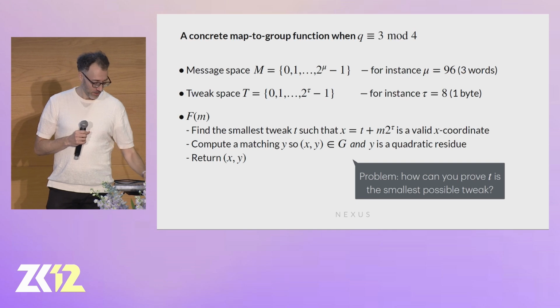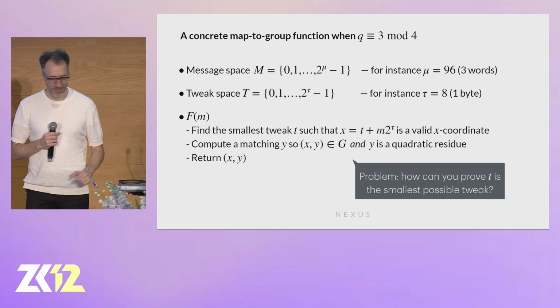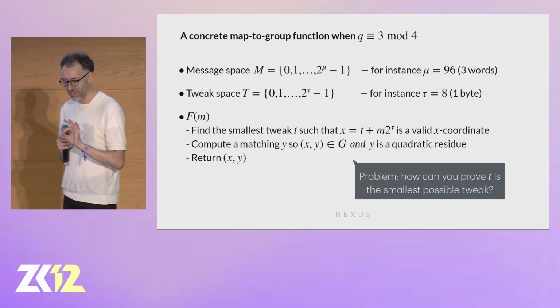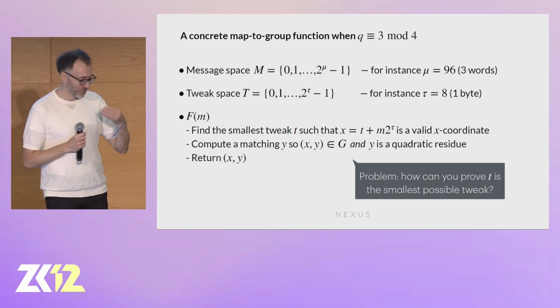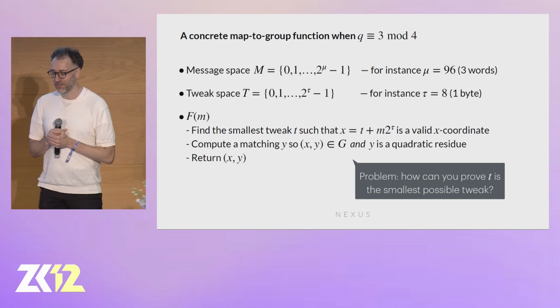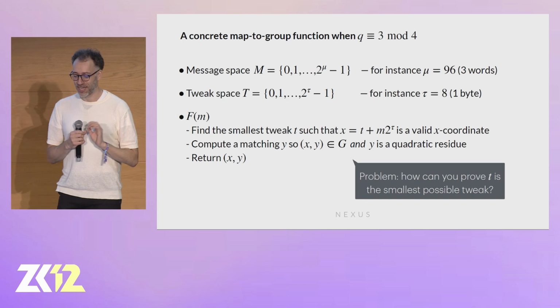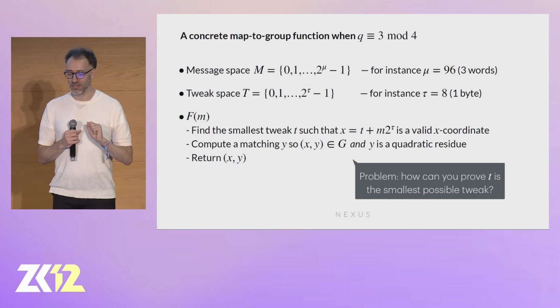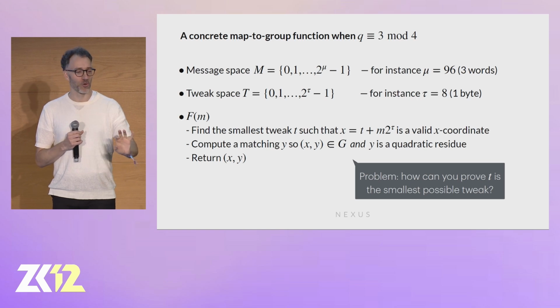Okay, let me see. I have 2-3 minutes left. So I'll very quickly give you a feel for what this function could look like. It's pretty straightforward. You take the message, you add a little tweak to it, and you try to use that as the x coordinate.